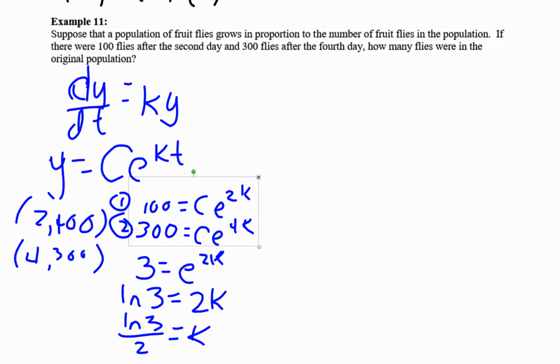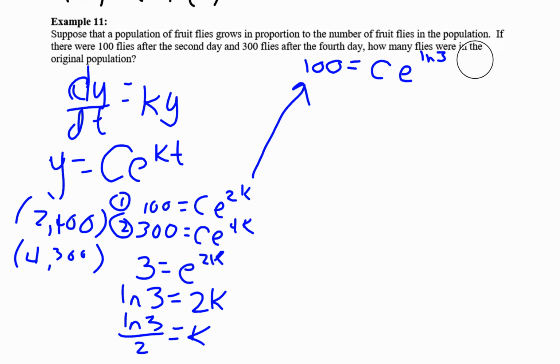All right, so now let's go back to our equation. Not the original, actually. Let's go back to this one. Since we have 2k times 1/2 ln 3, because k is 1/2 ln 3, we end up with ln 3.